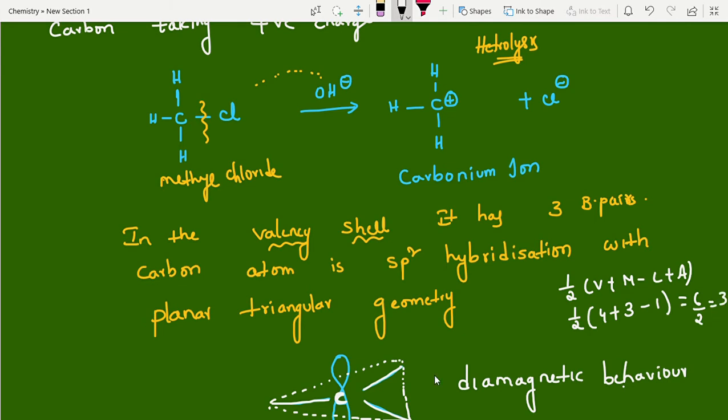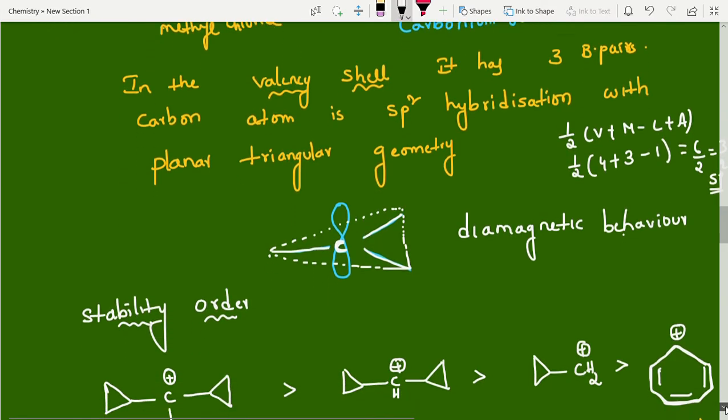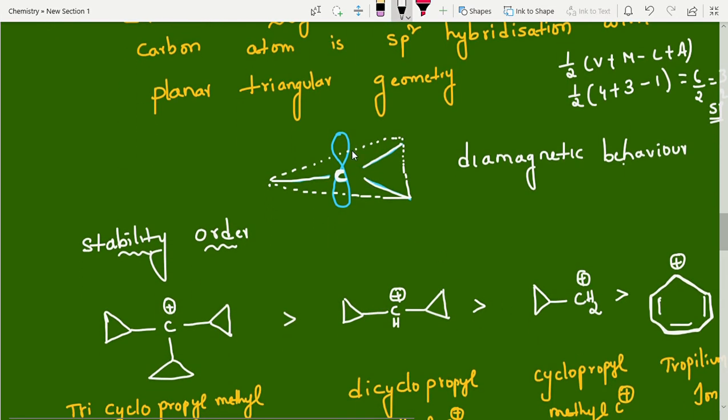You can go for calculation like this also. Who is having sp2 hybridization? Definitely it can show triangular geometry, planar triangular geometry. Its bond angle is 120 degrees. If you want, you can write this is hydrogen, hydrogen, hydrogen. Positive charge you no need to show.